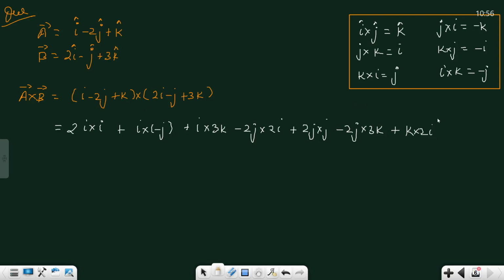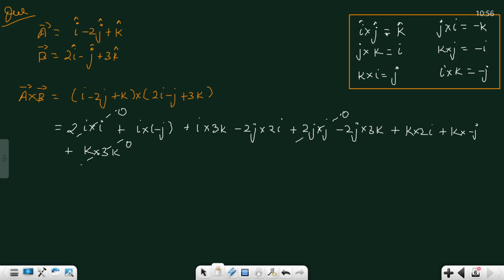Next, k cross minus j. Next, k cross 3k. We know that i cross i, j cross j and k cross k will be 0. These terms will be 0. Clear?